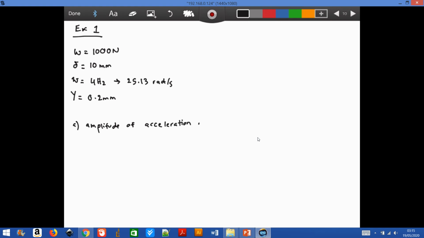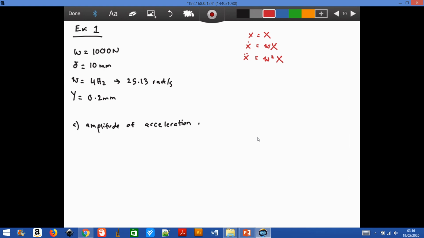Alright, so generally, you know that x, and x dot is actually omega x, and x double dot is omega squared x.